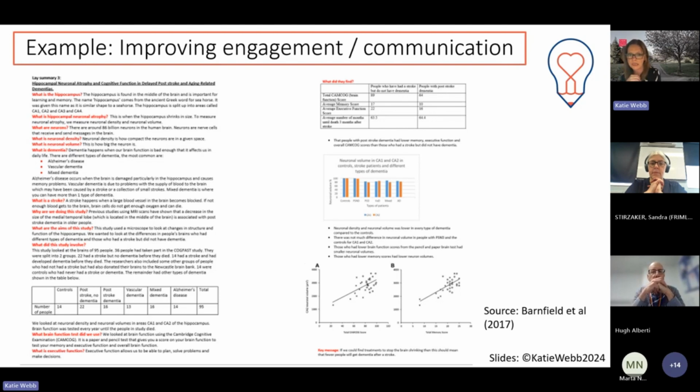So here you can see an example of a public document that was feeding back data from this particular project that was looking at cognitive function in delayed post-stroke and aging-related dementia.